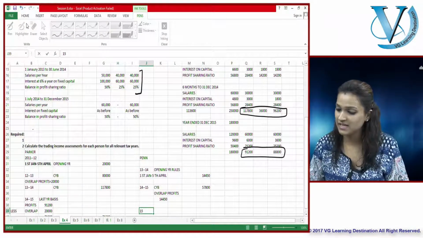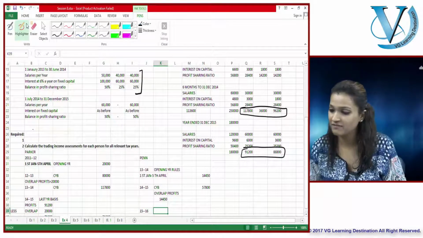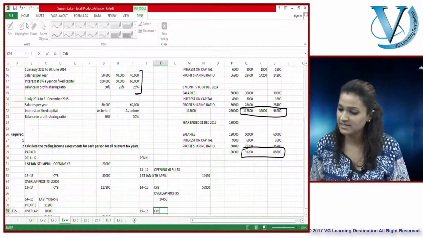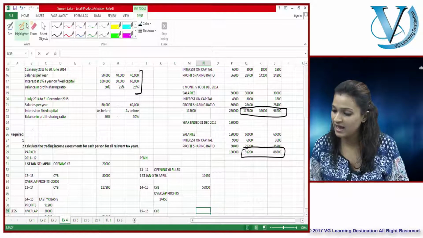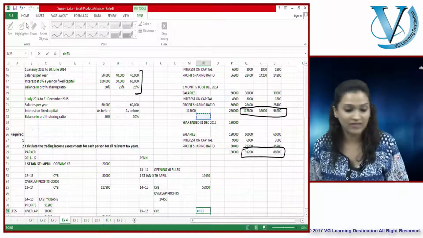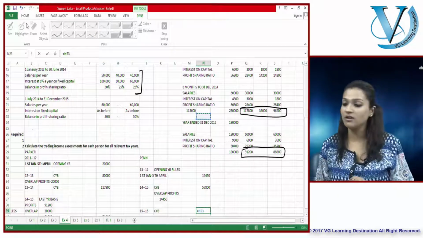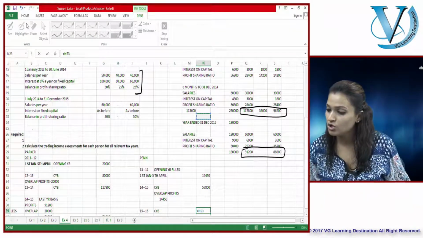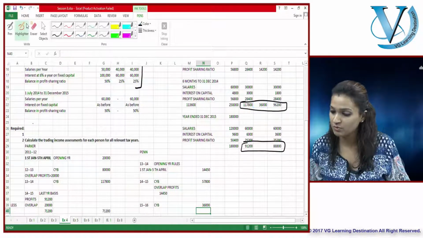What happens next year? 15, 16. You've already arrived at your current year basis. So you're going to tax the entire profits of this year. Now this is the last year for Pen, so you're going to use your last year basis. 36,000 is what it was.